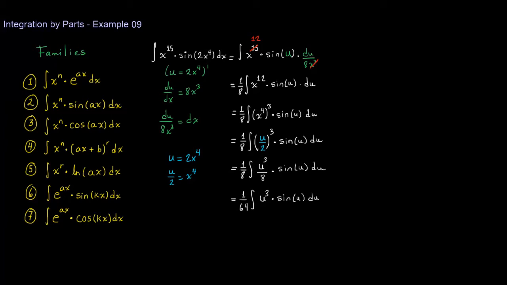And now, as you may see, we fall exactly into this second case, because we have this variable, which is the x, in this case going to be the u, raised to a positive whole number, and what's inside the sine is raised to the 1st power, as it should be. So we can now begin using integration by parts.